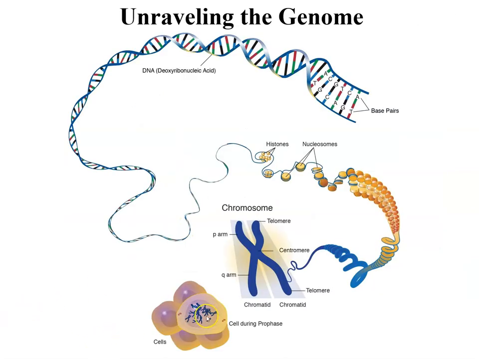So we know that the chromosomes are stored in the nucleus of the cells, and that we have all of this complex structure. We have the base pairs that we've looked at, the structure of those, the phosphodiester bond, the sugar backbone, and the bases that attach to each other.